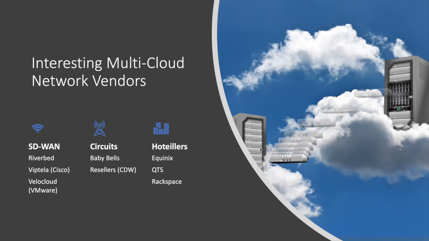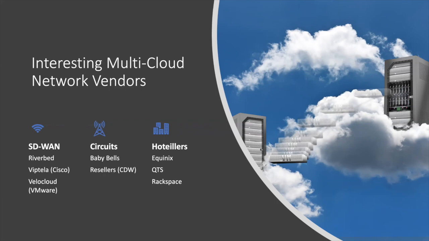Hotelers, Equinix, QTS, Rackspace, all offer either direct connects to providers, or they'll terminate a circuit within their infrastructure and give you a portion of a circuit. So let's say a port to AWS is typically 10 gigabits.